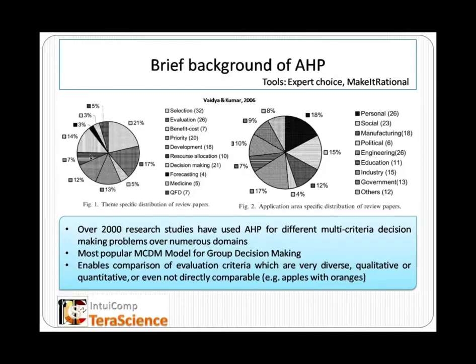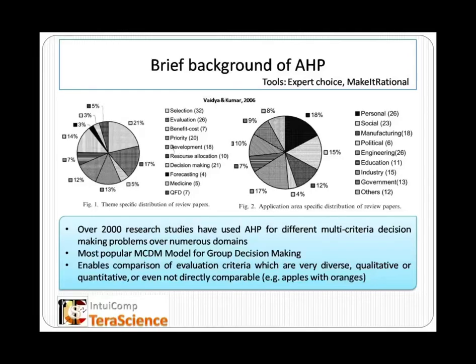As you can see, a multi-criteria decision-making process is also called MCDM. And as you can see in figure 1, these are all of the review papers pertaining to AHP in a theme-specific distribution. The different themes can be selection, evaluation, benefit cost, priority, development, resource allocation, and forecasting medicine.